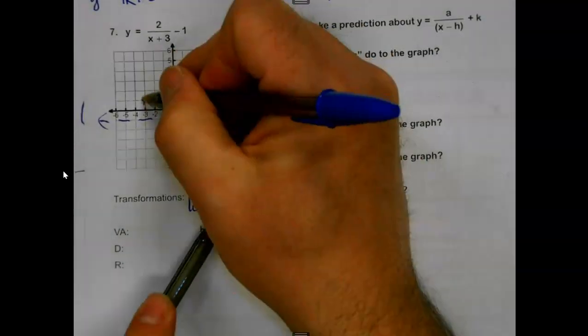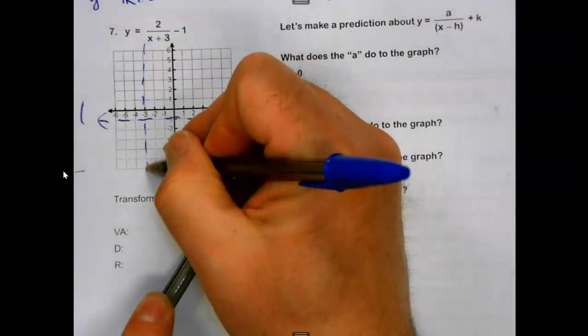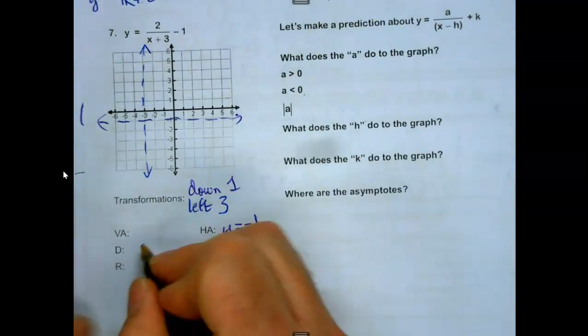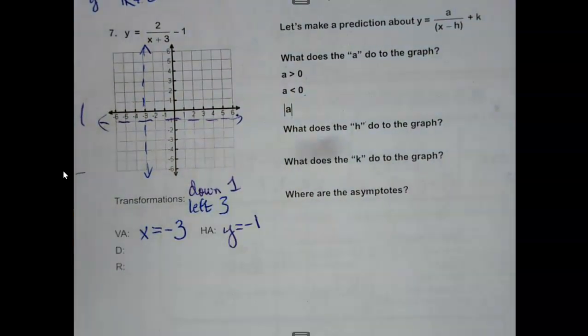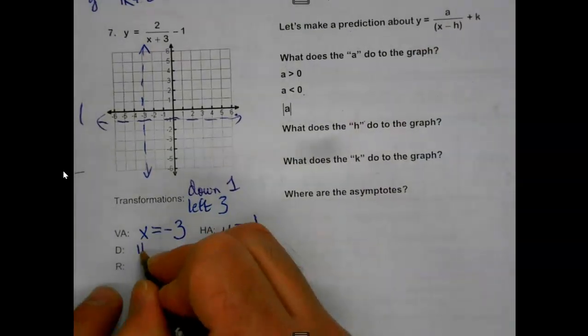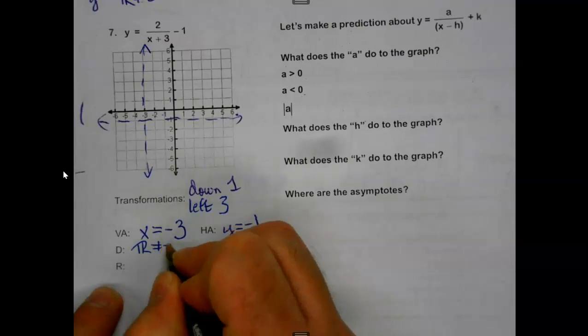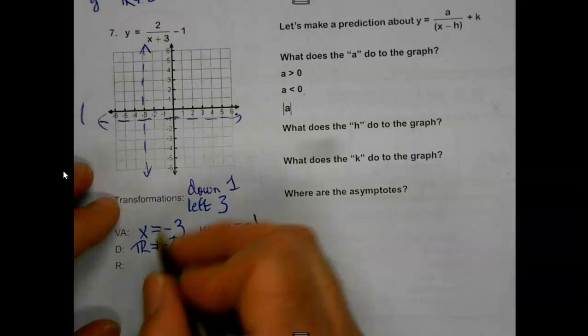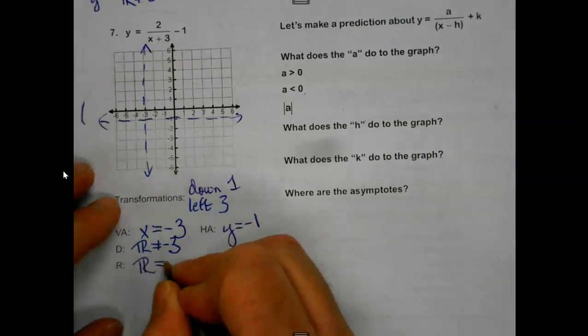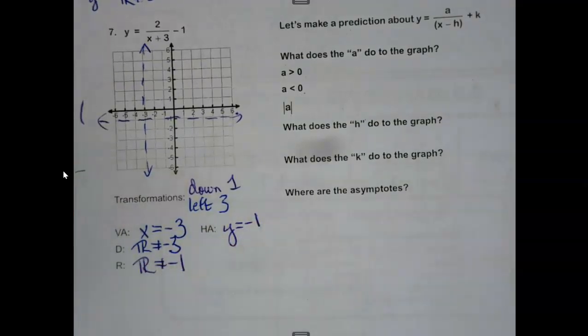Left 3 moves my vertical axis and make connections. All things x go together. All things y go together.